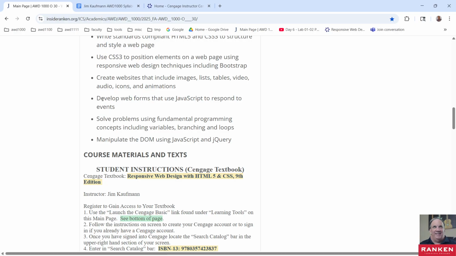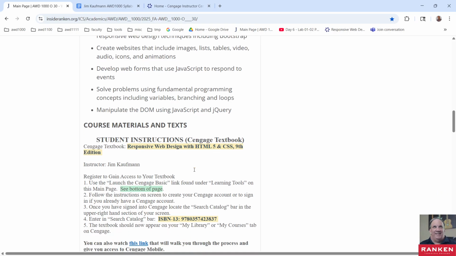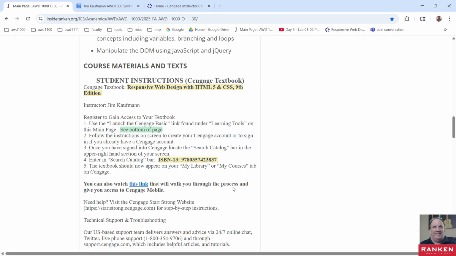So the second half will be the JavaScript, and we'll develop web forms that use JavaScript to respond to events, solve problems using fundamental programming concepts, including variables, branching, and loops, and manipulate the document object model, the DOM. We'll learn what this all is using JavaScript and jQuery. So lots of new stuff for you to learn.